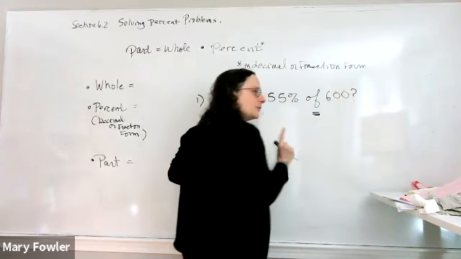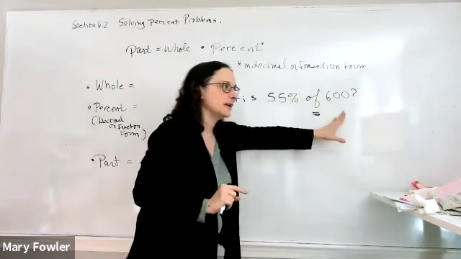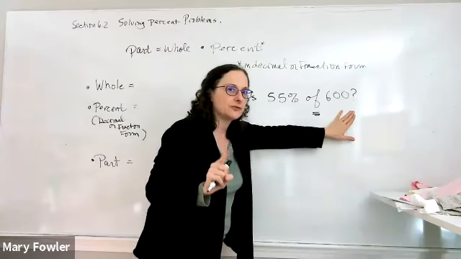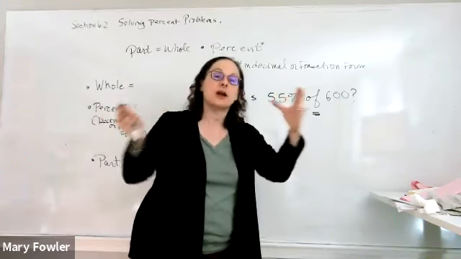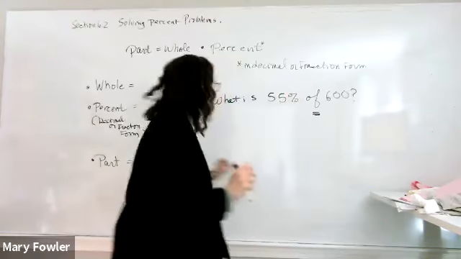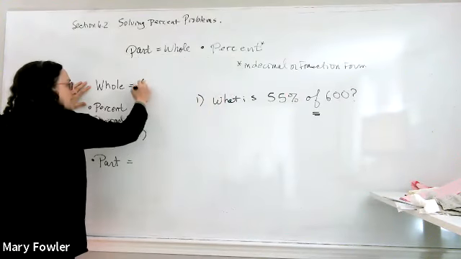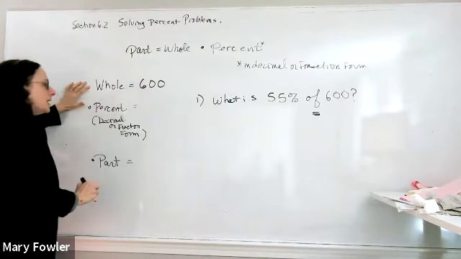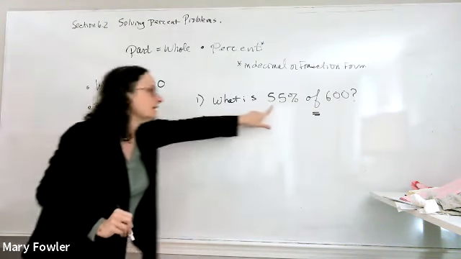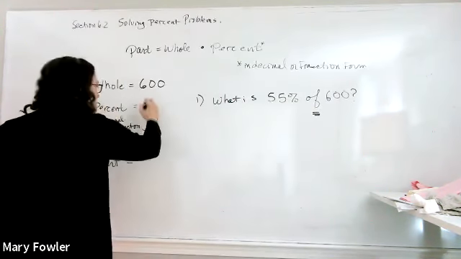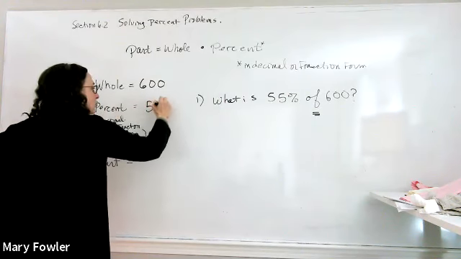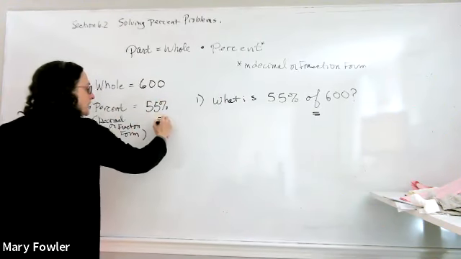So usually if you find that word in a problem, the number that comes after it is actually the whole piece that we're trying to find the percentage of. So whole in this case is 600. The percent that I'm interested in is 55%. And now I want to translate that either into a decimal or a fraction.